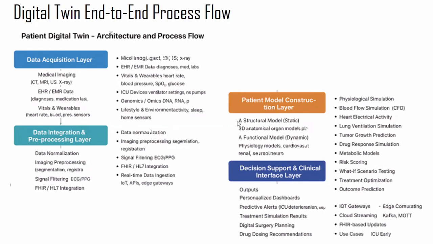Next is the patient model construction layer. For example, if we are going to build a digital twin for a patient, we need to create a model. It could be a 3D model for that particular patient.